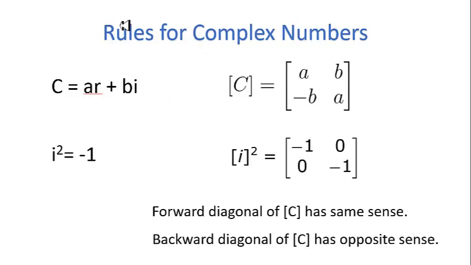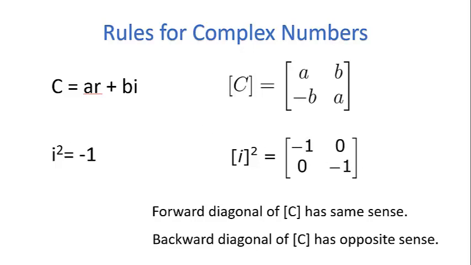And so the specific rules for complex numbers are as follows. i squared is equal to -1, and -1 in two-dimensional numbers has the -1s on the forward diagonal.